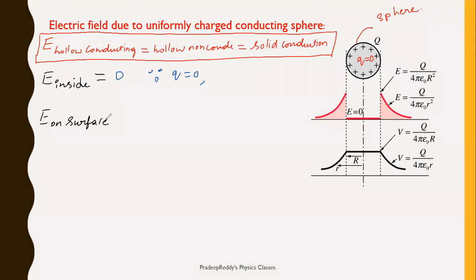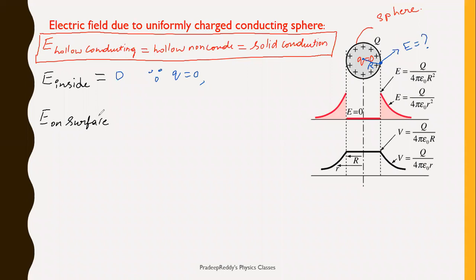Field on the surface. Now coming to field on the surface, at this point you are supposed to calculate the field on the surface. If you are taking this total material from the center, what is the separation of the charge? It is R. What is the charge accommodated on the surface?